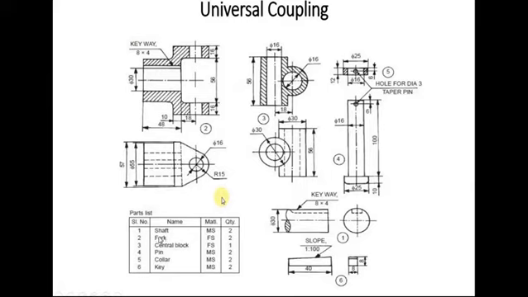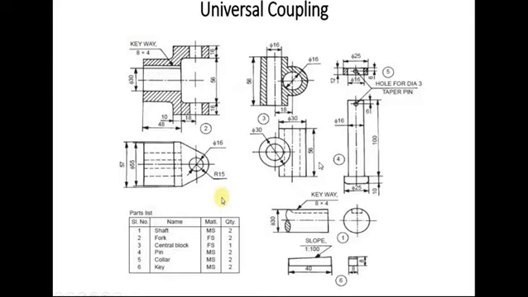So the first one is a shaft. You will see here this is a shaft, and this shaft has a keyway for inserting the pin. The second one is a fork. So this is your fork. Then the third one is a center block. This is the central block piece, and this is the top view of the central block.